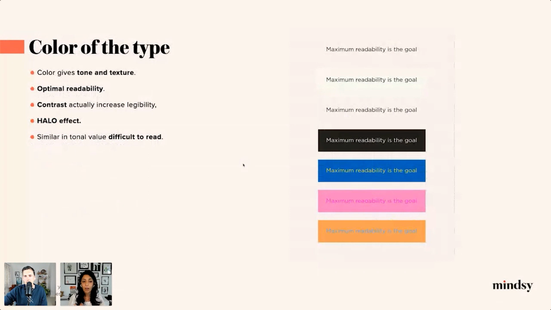And contrast actually increases legibility, right? Especially if you haven't seen it, people use a black background with white text. Color on color is okay, but with black and white, if it is a longer sentence, you see a halo effect on the edge of the type.